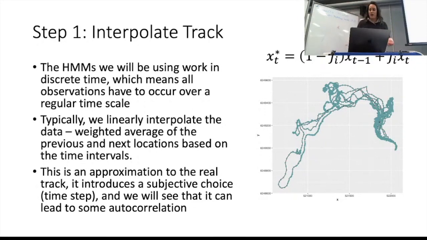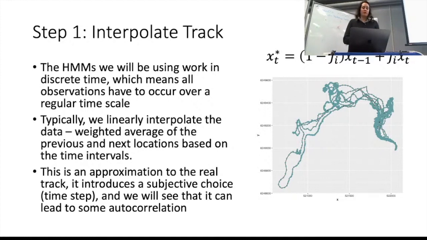So if I have a track here and 2 locations here, but I need to interpolate it to here, then I'm going to calculate a weighted average between these 2 locations, and I'm going to get an estimate right around here, based on the time differences. So it's based on the time step that you pick.